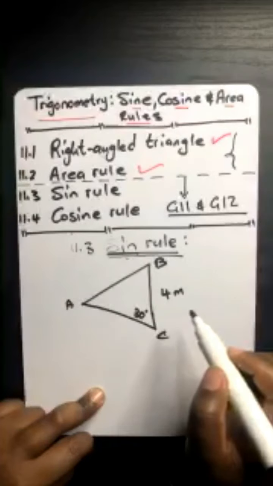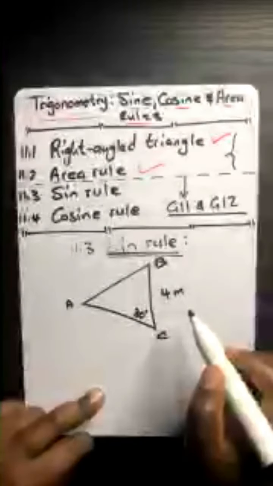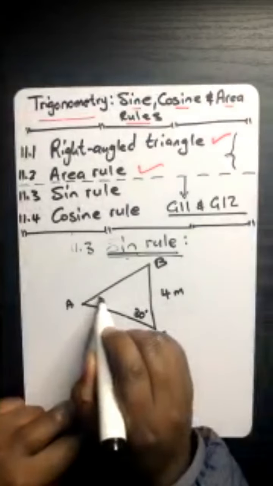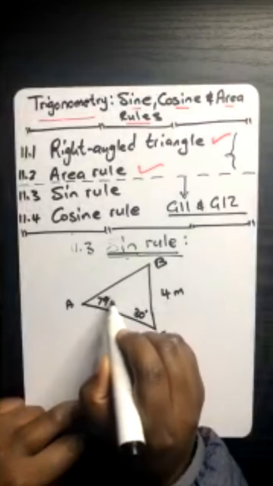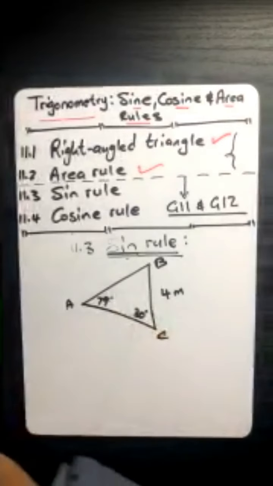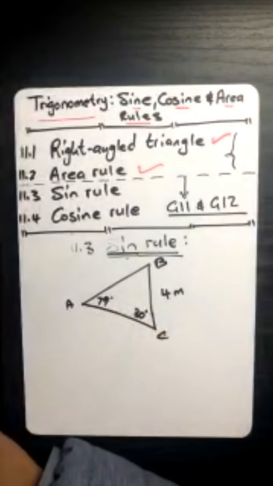I'm trying to come up with a question from the top of my head. Okay, let's say there we've got 79 degrees. It's just an example, guys.